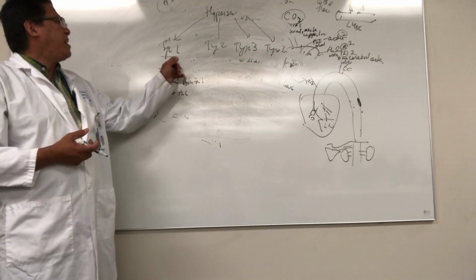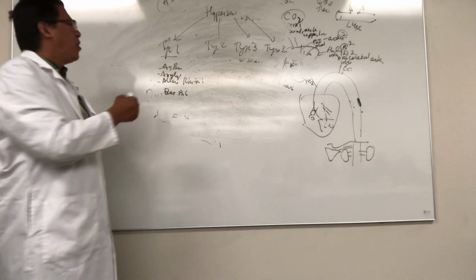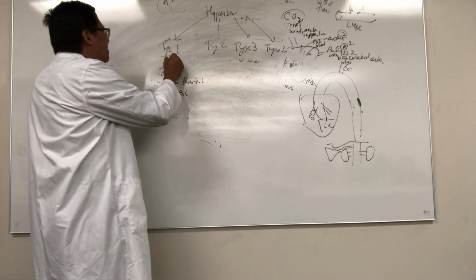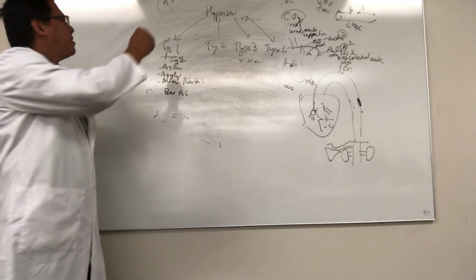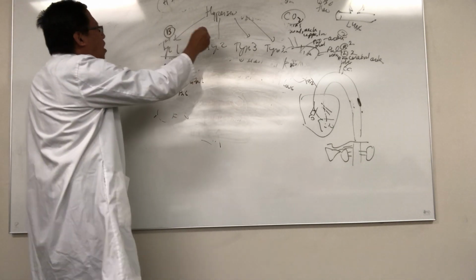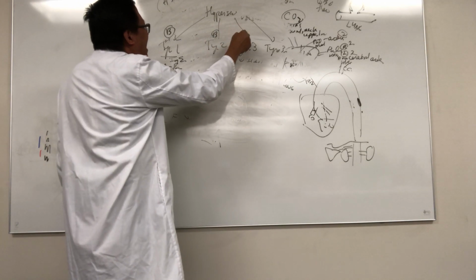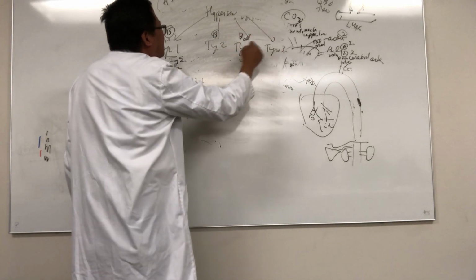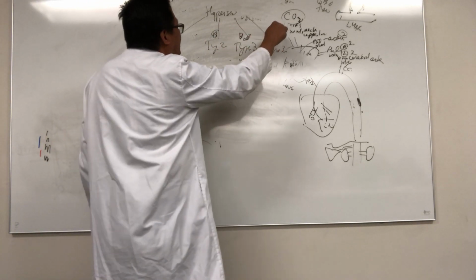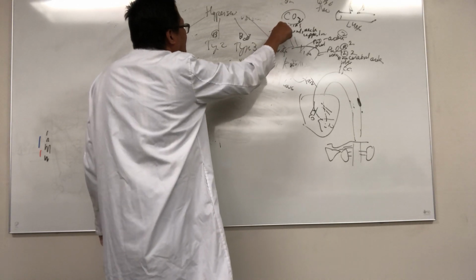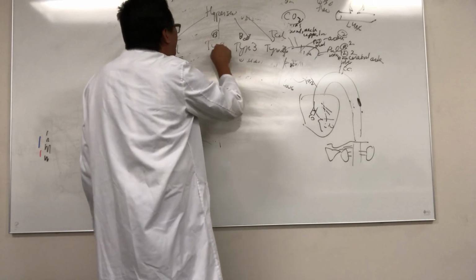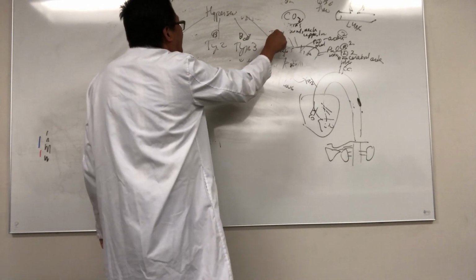Now, what is the mediator? What cell is involved here, or what antibody? And what produces your immunoglobulins? Your B cells, right? So these are all B cells. What about this one? T cells. Type 1, type 2, 3. What was it? 4. T cells. 1, 2, 3, 4. Type 4 is T cell, and the rest are B cell.